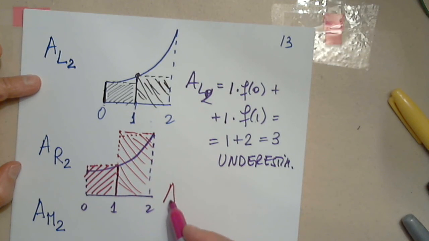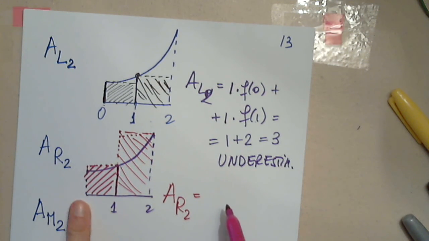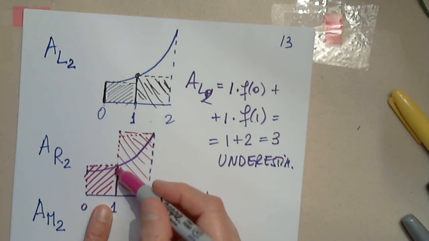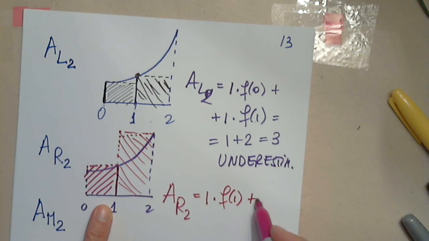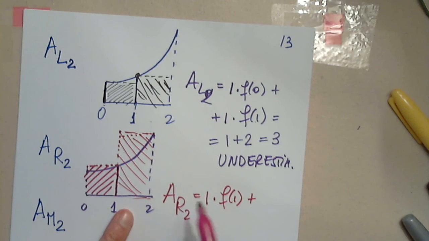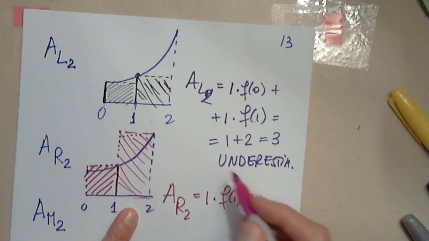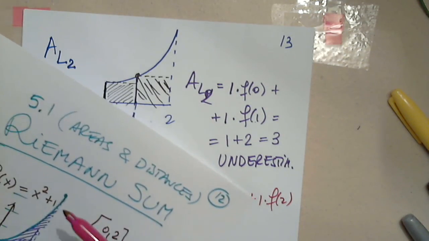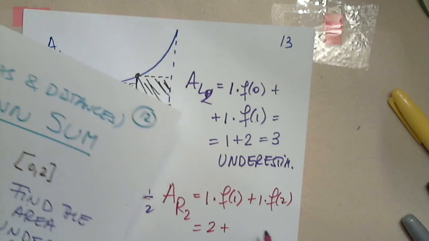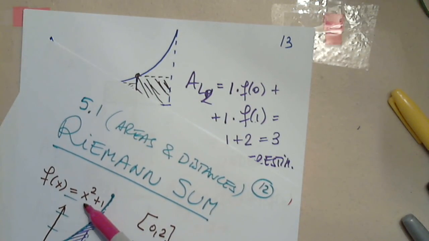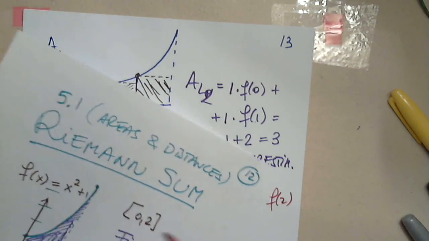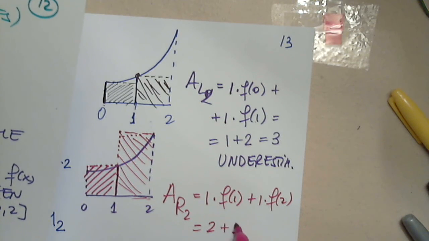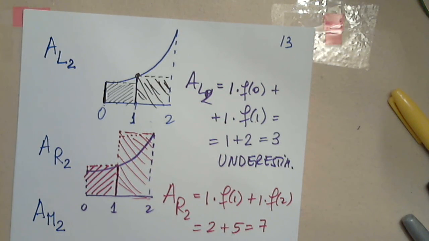So therefore the area with right 2 is still 1 for the base times f of 1, plus still 1 for the base, but times f of 2. Again, our function is x squared plus 1. f of 1 is 2. f of 2 is 4 plus 1, which is 5. So 1 times 5 is 5. So the area is 5.